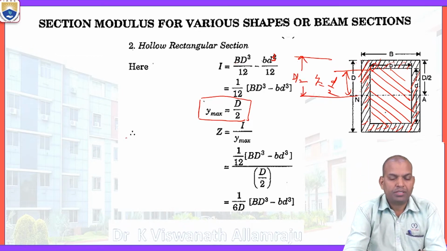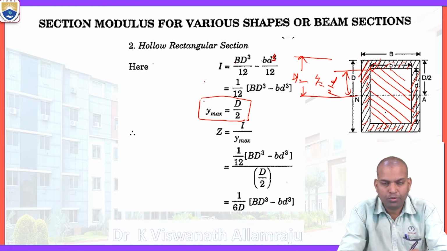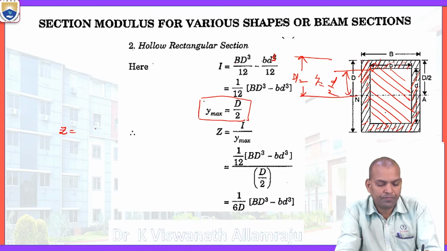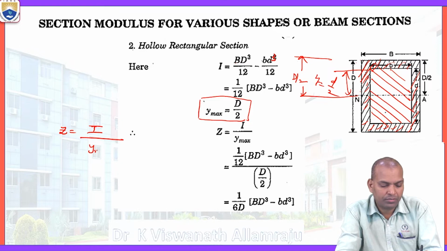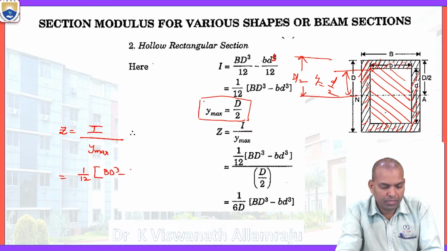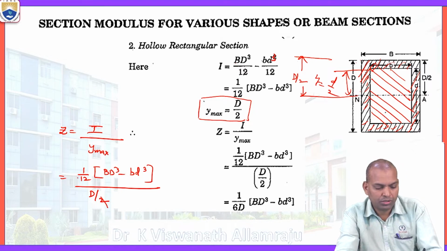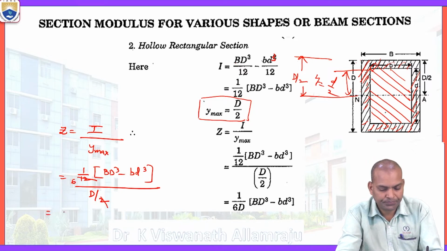So y equal to capital D by 2. Substitute both I and y max in the formula Z equal to I by y maximum. That is 1 by 12 times BD cube minus small bd cube, divided by y maximum, capital D by 2. After simplification, the 12 and 2 reduce to 6.